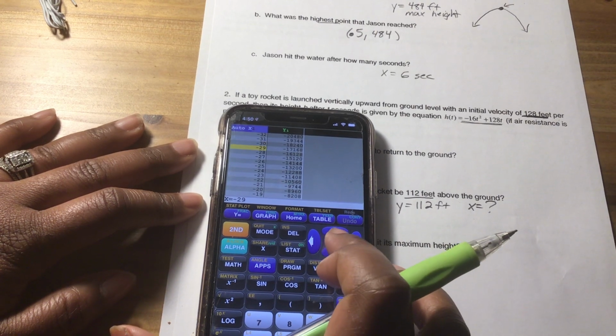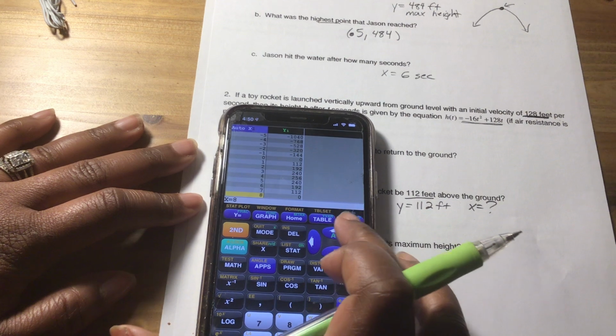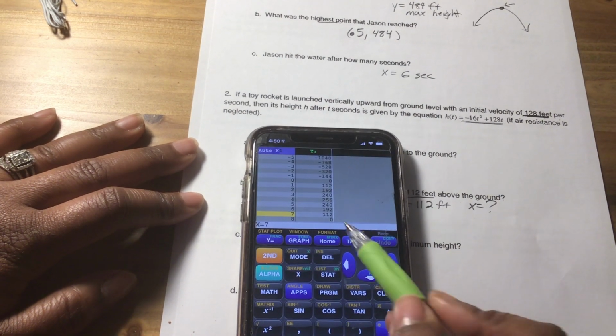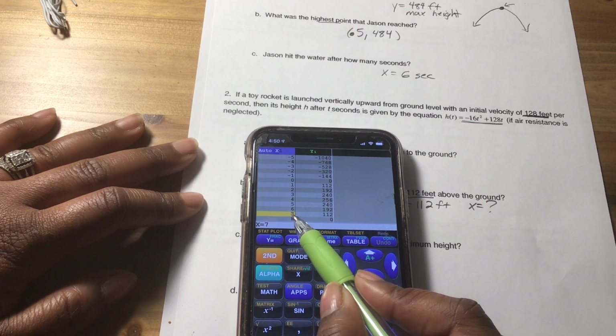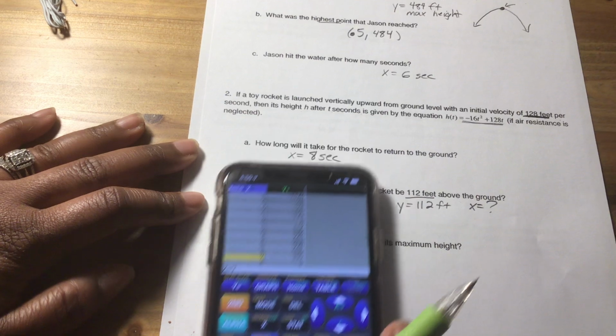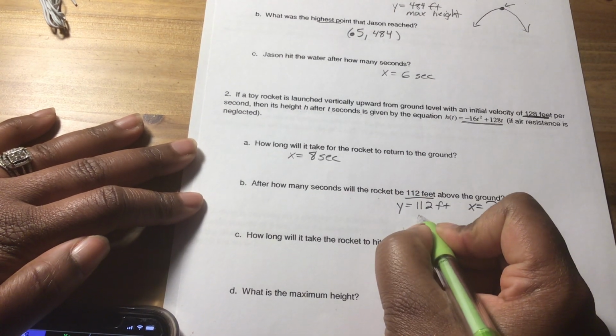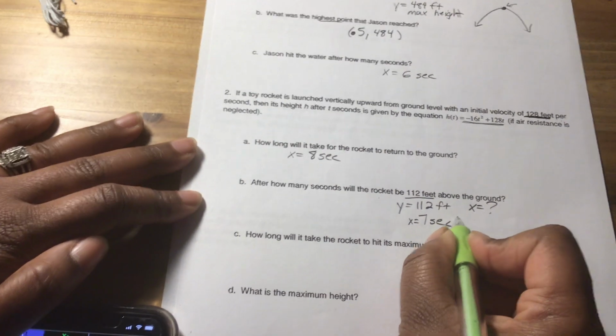Let's now use your down arrow. All right, 112, look. Right here, when Y is 112, X is 7. So at 7 seconds, that's how long it takes for it to get to a height of 112. So X is equal to 7 seconds.